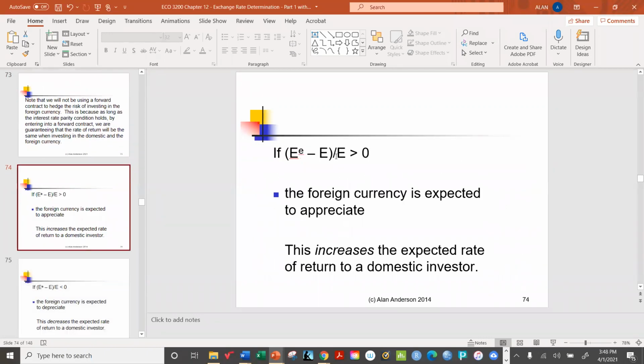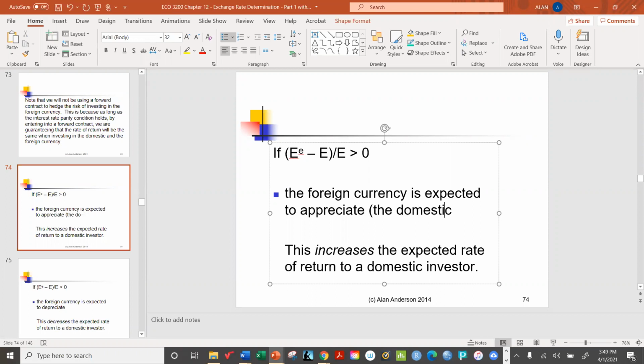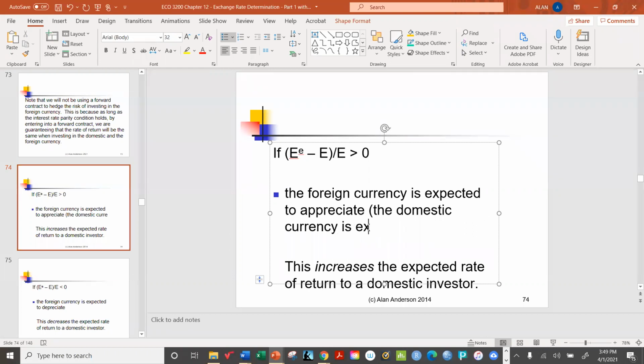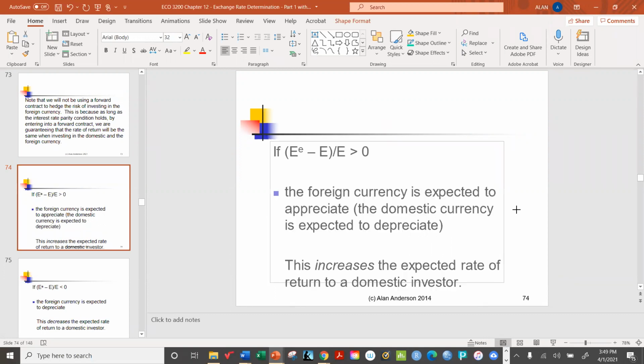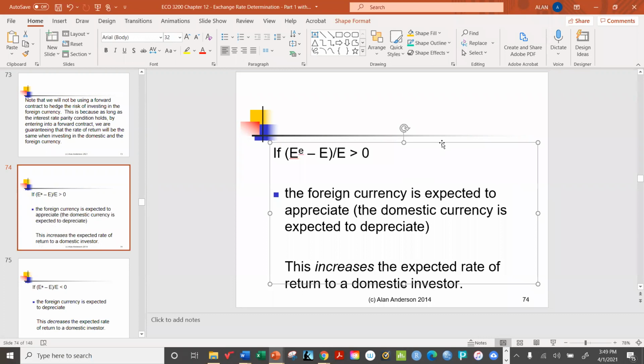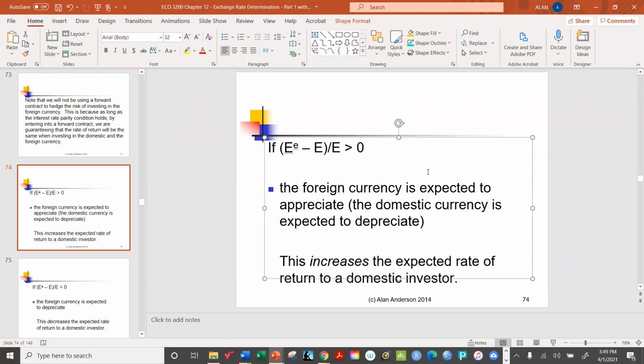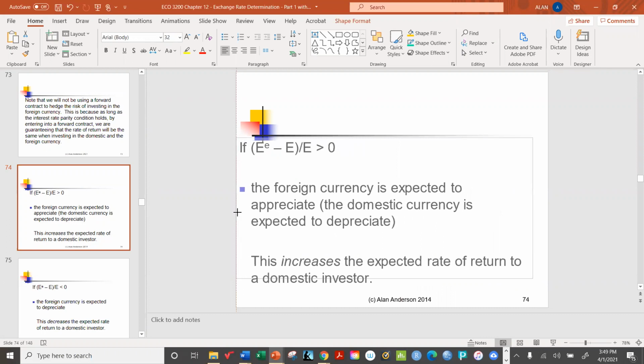If this term is positive, that means we expect the foreign currency to get stronger, or of course the dollar to depreciate, or let's call it the domestic currency. That, and we'll see in a minute why, actually makes the rate of return in the foreign currency even higher than it would be for the domestic currency.